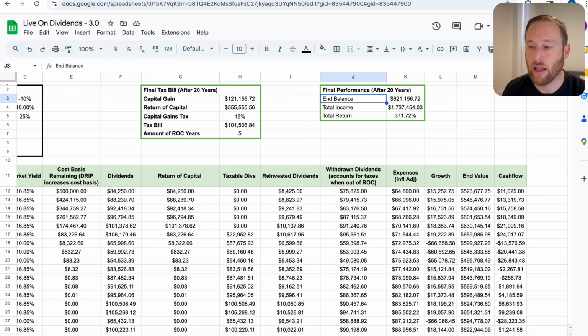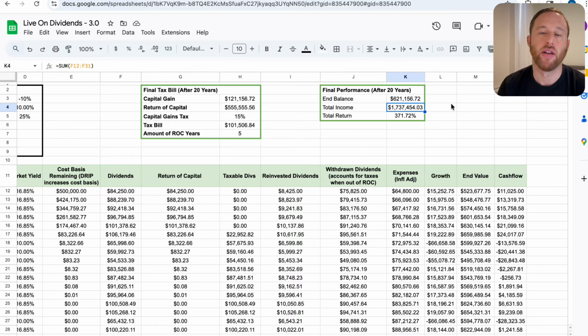So the end balance would be 621K, and your total income throughout the period would have been 1.7 million, because you're still earning great income. But of course, the appreciation may not be there in a big way. Total return in this case of 371% over a 20-year period, guys.